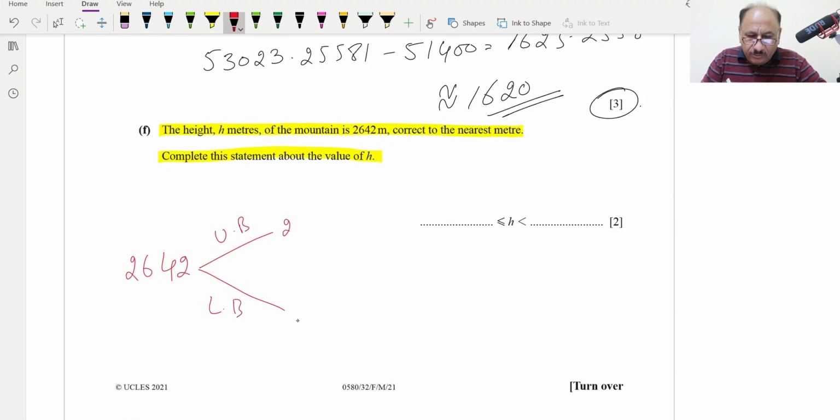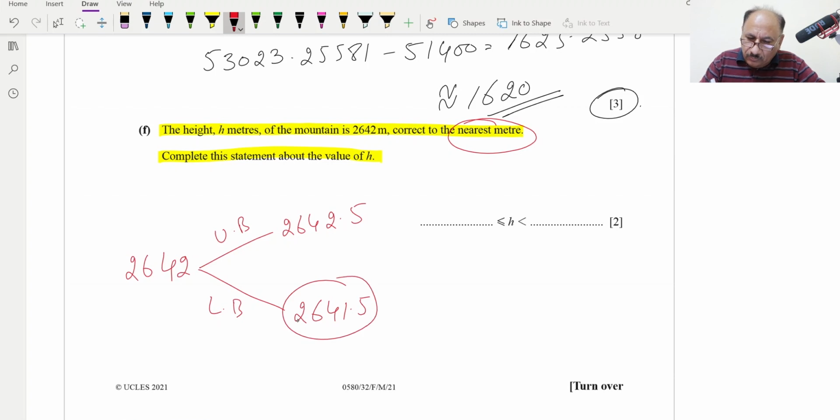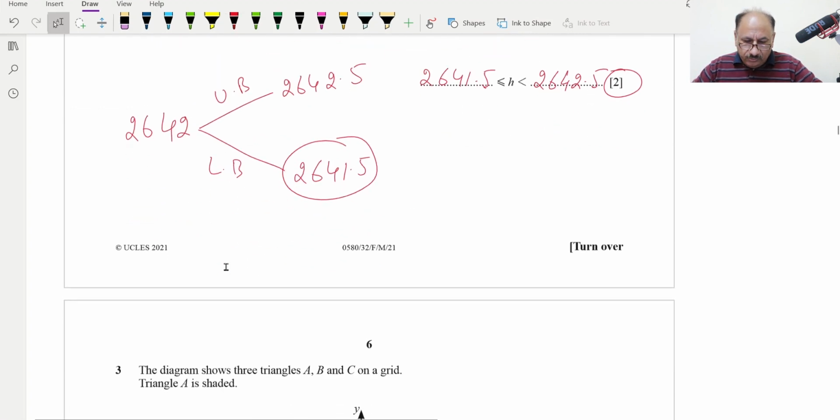Upper bound will be 2642.5 and lower bound will be 2641.5. Basically we are adding and subtracting half a meter, so the lower bound we will write on this side. And keep in mind this sequence is very important, otherwise you will not get 2 marks. You will be getting only 1 mark if you are switching this sequence. Hopefully you understood this.